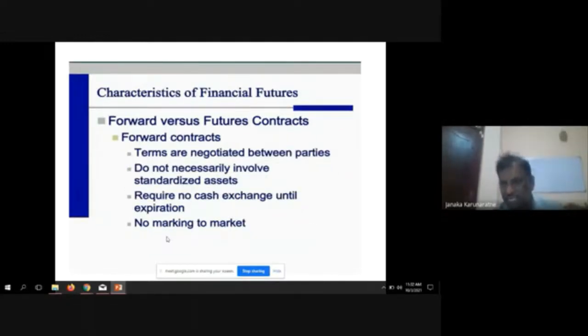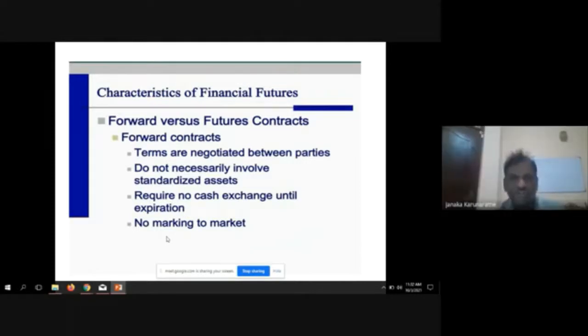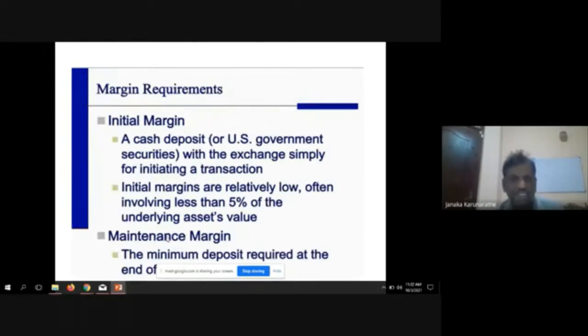Let's say two banks, Bank A and Bank B, enter into an interest rate forward contract. There is a formal agreement, but still there is no protection if somebody defaults. You can take legal action, but the protection is not there like in a futures contract traded in a futures market. So that is the main difference.